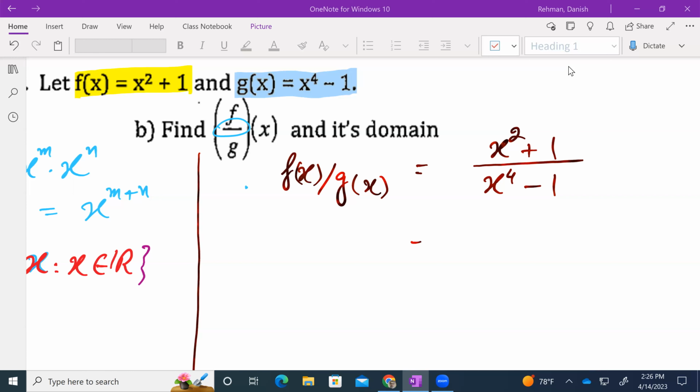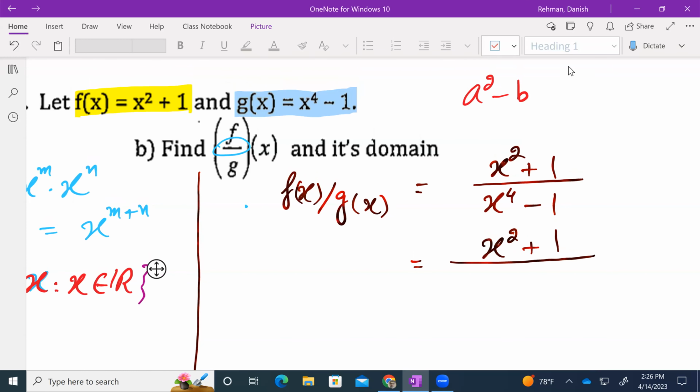Now, the denominator here, x raised to power 4 minus 1, can be factored. How can that be factored? I will write down a rule, a formula here. The formula tells me whenever I have a difference of two squares, I can write that down in two factors.